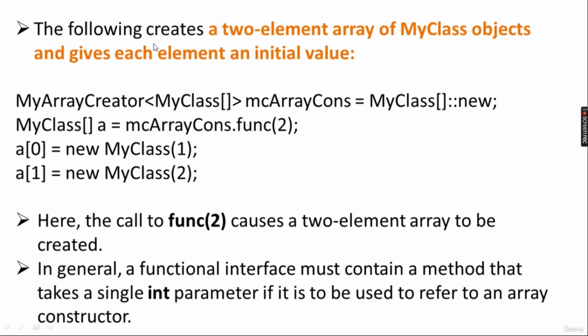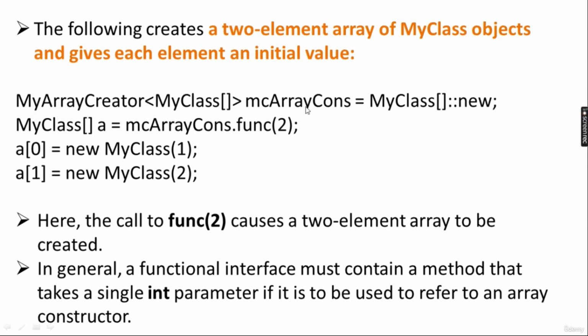Now this will create a 2-element array of my class objects and give each element an initial value. So we are passing an array of my class. Okay, class objects will be in the array.